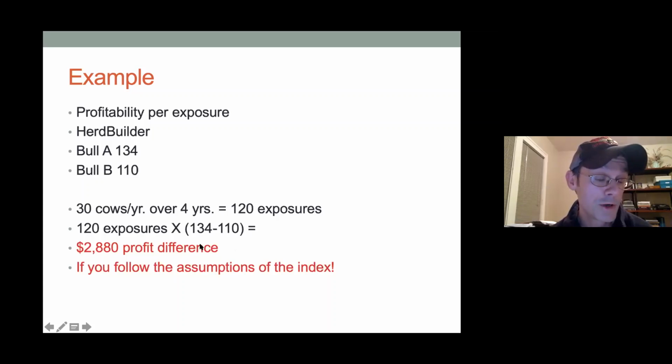So still, if bull A sells for more than $3,000 more than bull B, you're better off economically to have taken, quote unquote, the less desirable one. Even though his offspring won't be as good, it was still the better business decision.